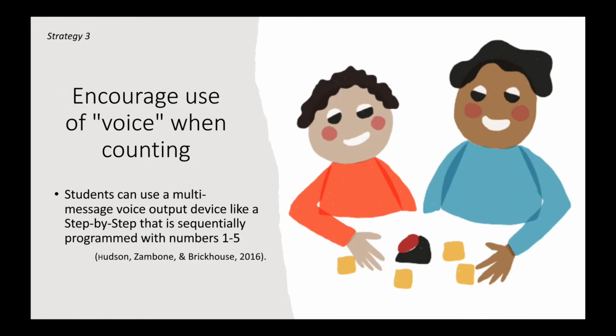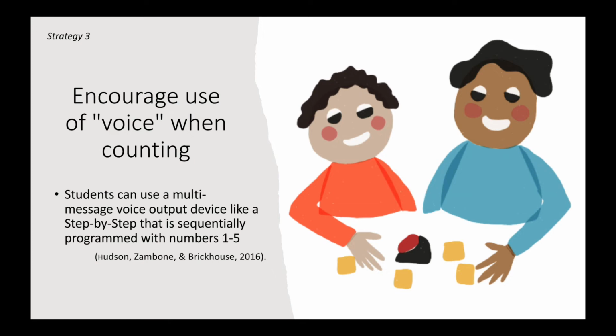You can use something like a multi-message voice output device, like a step-by-step, and sequentially program like 1, 2, 3, 4, 5 on each of the steps. And then you can do the same thing, like hit the step-by-step, and it can say 1. So that's a way to externalize that voice as well, and just hit that as you're counting along the number of objects.